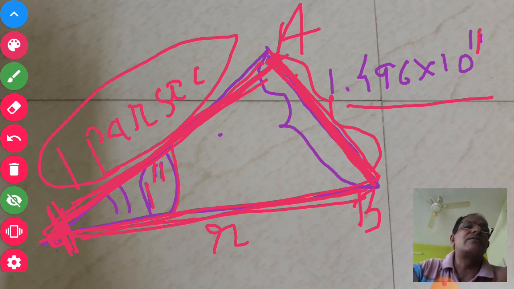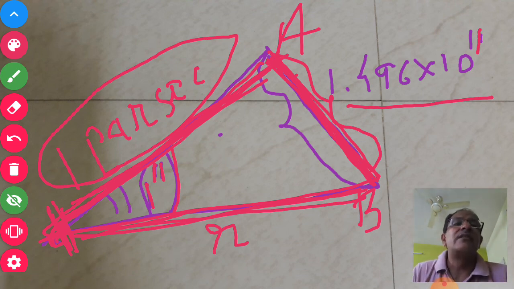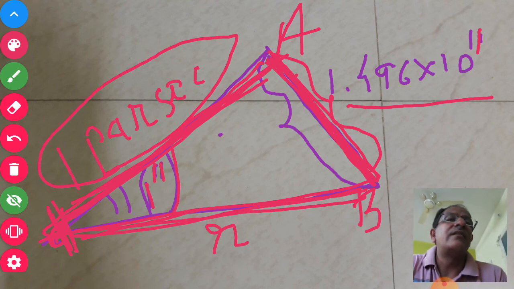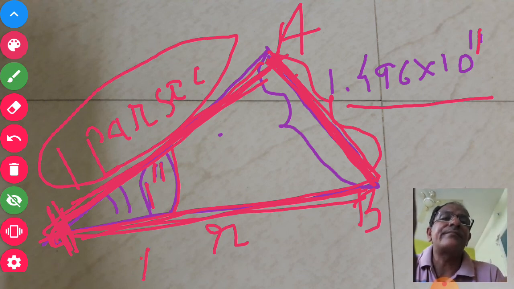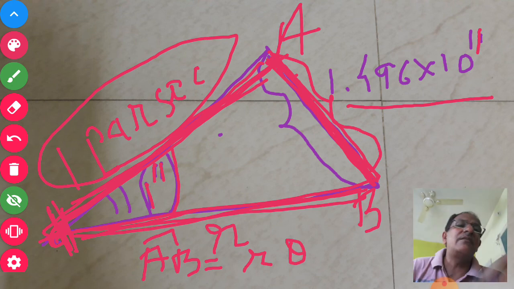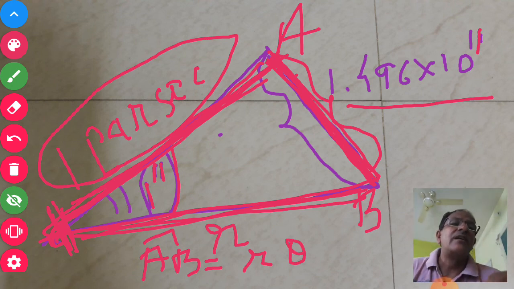Now r we want to find, so arc AB is equal to radius multiplied by theta. So r can be made the subject of the formula, and it becomes arc upon theta.